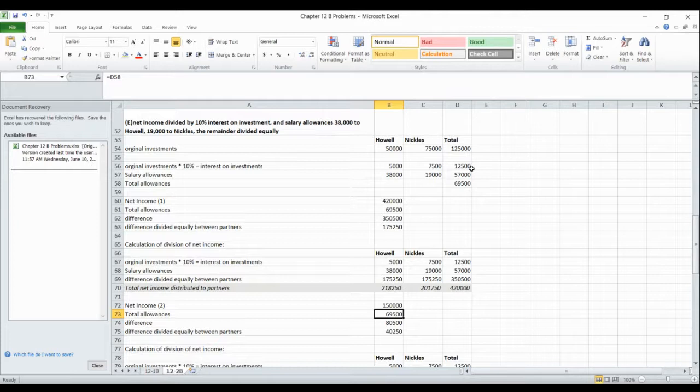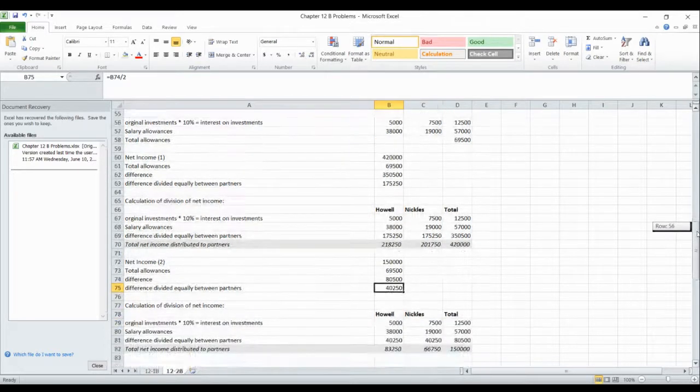It would be the total interest on the original investment plus the total salary allowances give you the total allowances of $69,500. This time the difference is going to be $80,500 that would be divided equally between the two partners. So each partner is going to get $40,250 of the remainder.